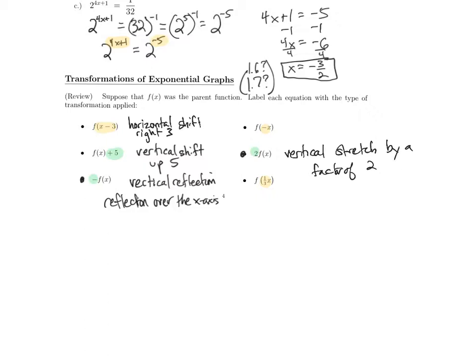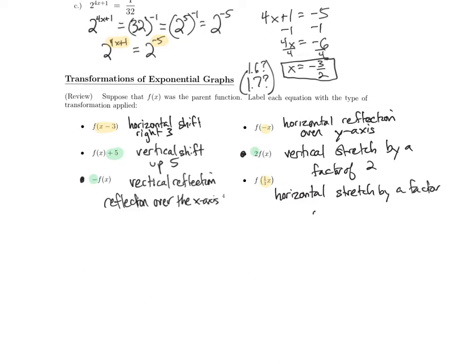And for f of negative x, that's going to be a horizontal reflection, in other words, over the y-axis. And this last one is horizontal, and you would think it would be a compression because it's times 1/3, but remember horizontal is the opposite of what you expect. So this is a horizontal stretch by a factor of 3.